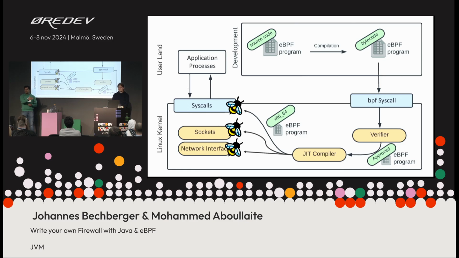When it passes the verifier, and if you write any eBPF code, especially production code, the verifier will give you a lot of nightmares. But if you succeed and manage to pass the verifier, and it gives you the thumbs up, then we take the bytecode that was generated in the first step and recompile it into native code.